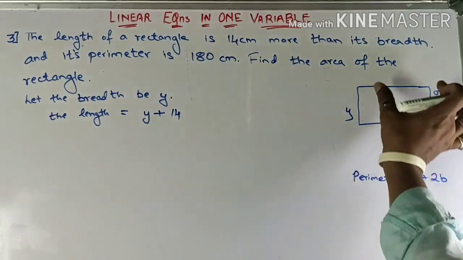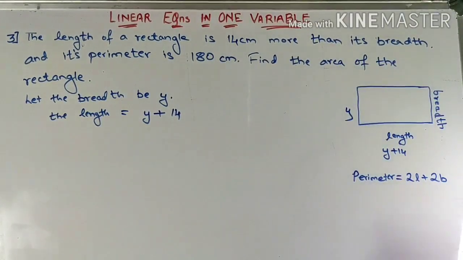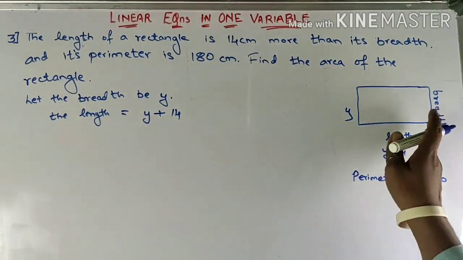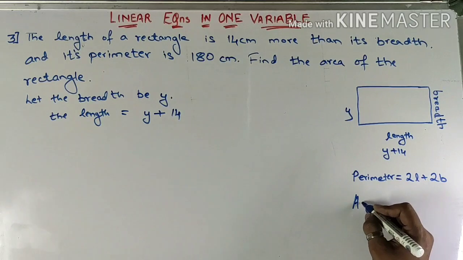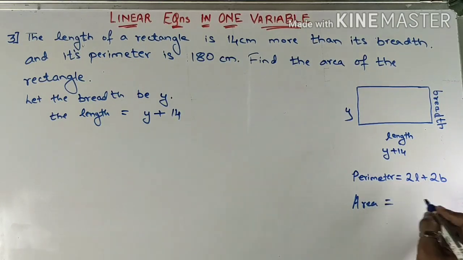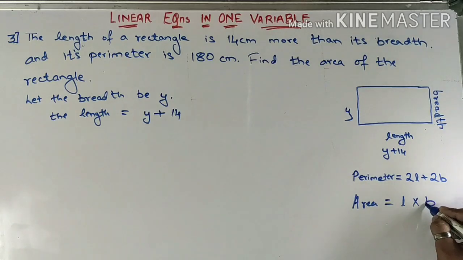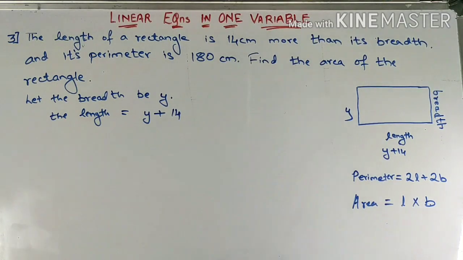That means 2 into length plus breadth. Okay. And find the area of the rectangle. We are not supposed to just find the length and breadth. We are supposed to find the area of the rectangle. And what is the formula for area of the rectangle? Length multiplied by breadth.